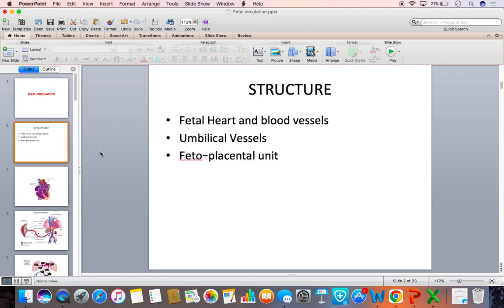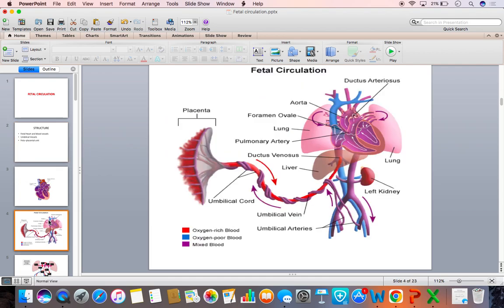This is how it is. We'll touch briefly on fetal heart and blood vessels, about the umbilical vessels and the fetoplacental unit. This picture shows the various aspects of fetal circulation.